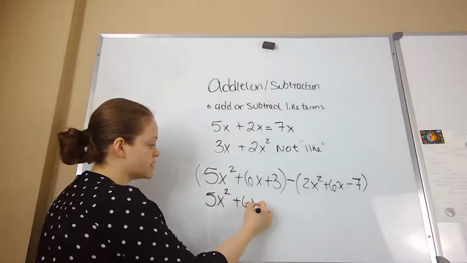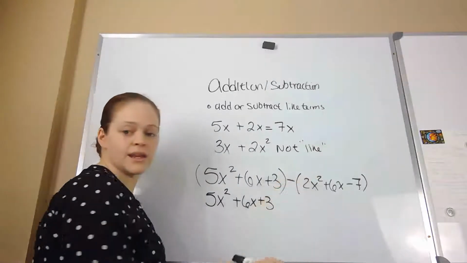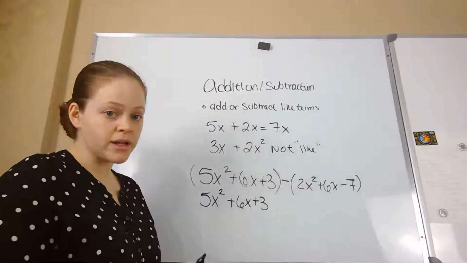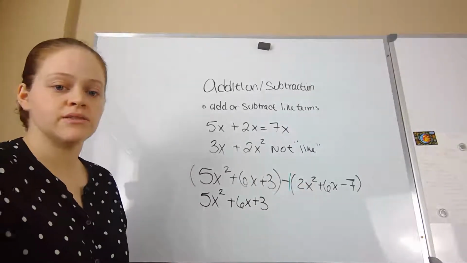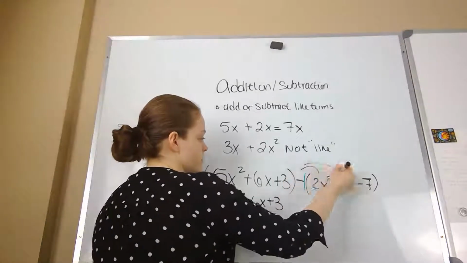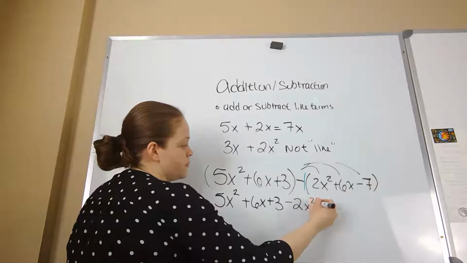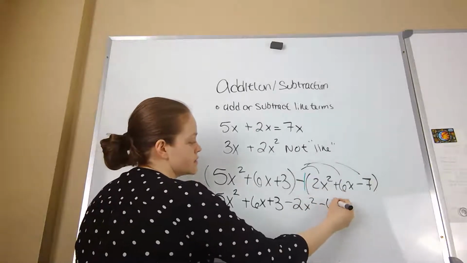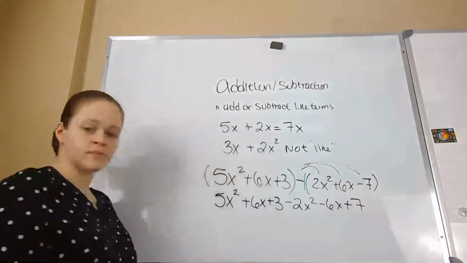Now this is technically a -1 multiplied by this, so the negative is going to apply to everything. So we have -2x squared minus 6x minus minus plus 7.